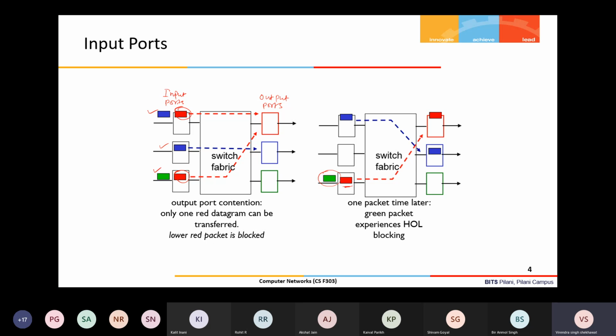Packets can also be buffered if my incoming rate is more than the processing speed of the switching fabric. So if the fabric is slower than the input ports combined, that is, if the combined input port rate is more than the fabric speed, then an input port queue will always build up.